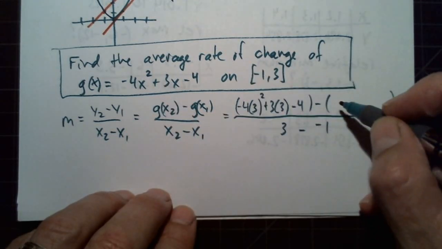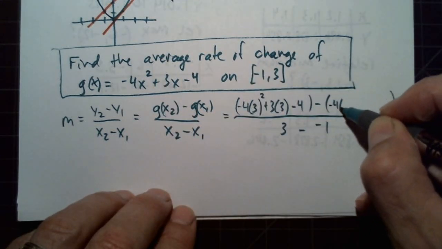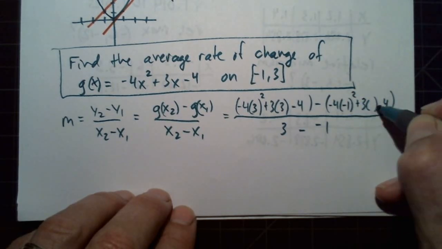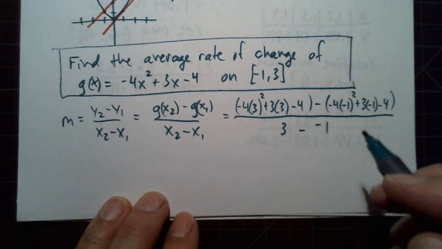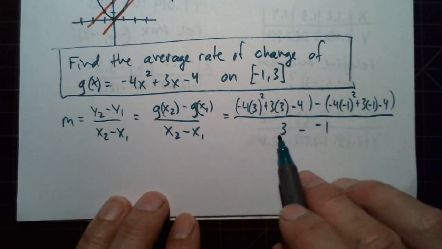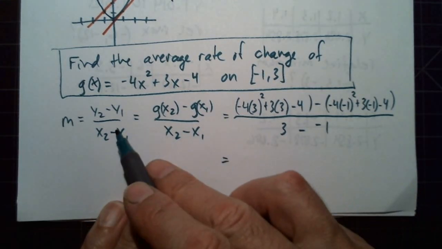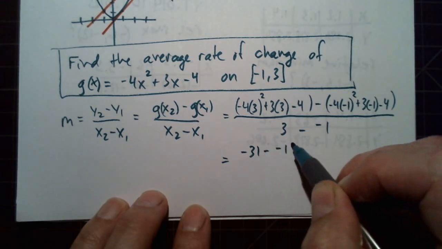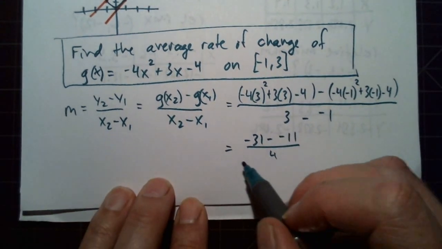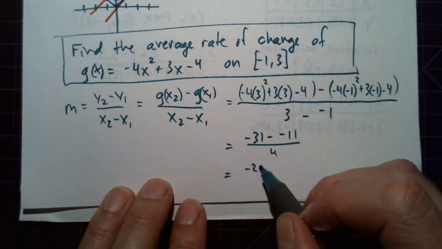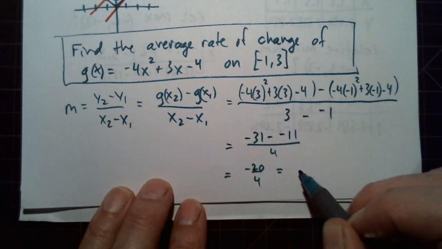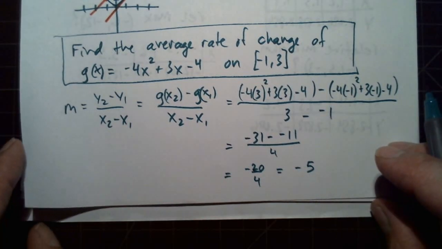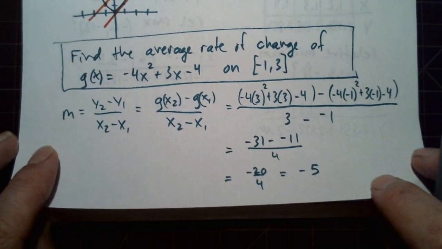Now let's put the -1 in. And if we evaluate that, we have a y value minus a y value, x minus x, and that's just the slope formula. We're finding the slope of a secant line. And we say the slope, the average rate of change, is -5.